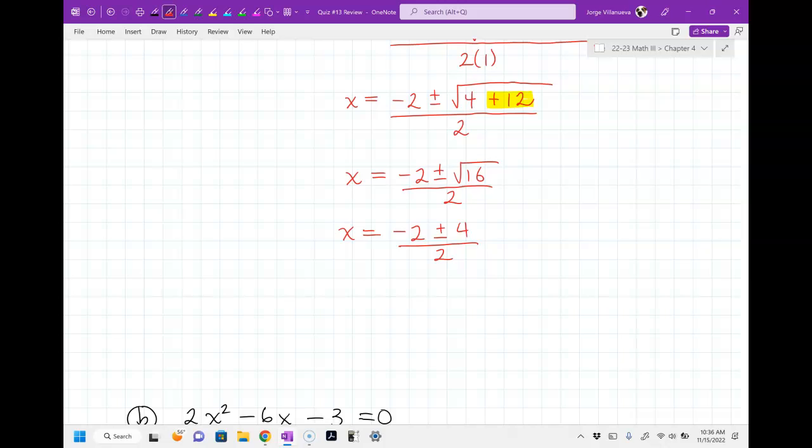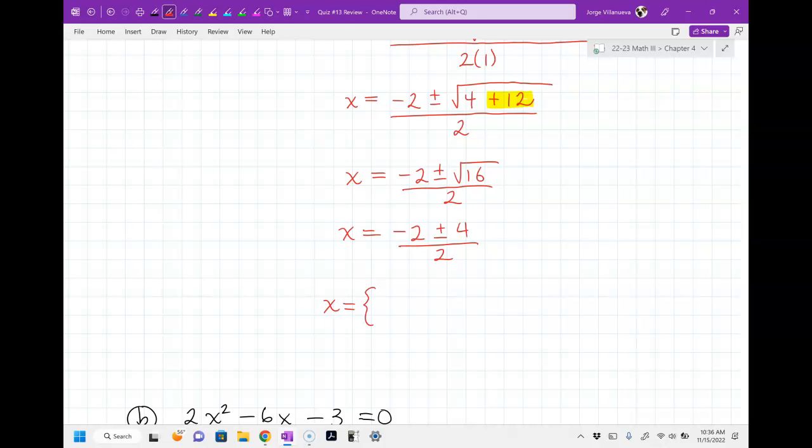Because you can't add and subtract them together, so let's do the addition first, okay? Let's try to do this in our heads. You could reduce if you want to, but since the numbers are easy enough now, you could just wait. You could totally reduce it to -1 plus or minus 2, and that should be okay. But once I see normal numbers, I usually just do it later.